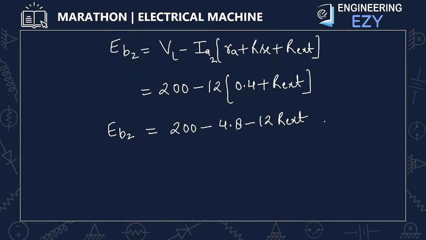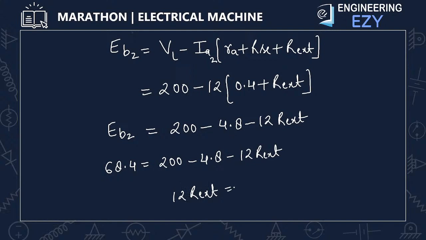Now if I put the Eb2, I get the answer. Eb2, 68.4, is equal to 200 minus 4.8 minus 12 into R external. So 12 into R external is 200 minus 4.8, which is 195.2, minus 68.4.